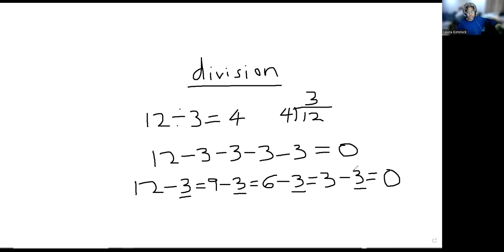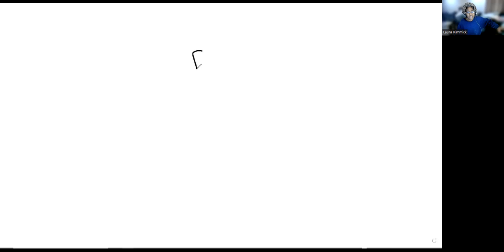And now we'll move on to fractions. Okay, fractions, there's common fractions and decimal fractions.